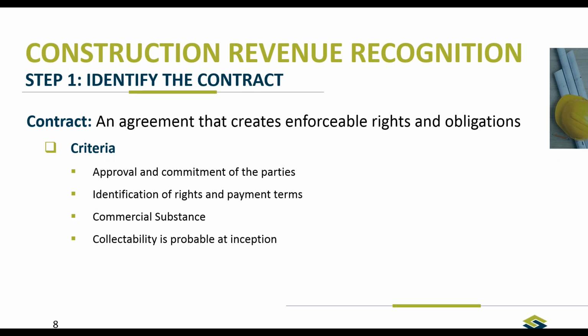Another key example as we get through this, and we'll go through the intricacies of how to recognize things. One of the biggest changes of this new revenue recognition standard is if the contract provides for bonuses for early completion or liquidating damages for not completing on time.